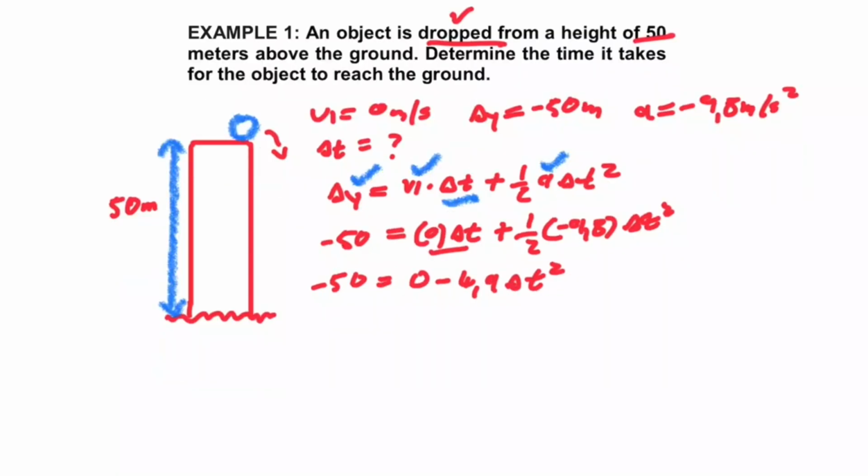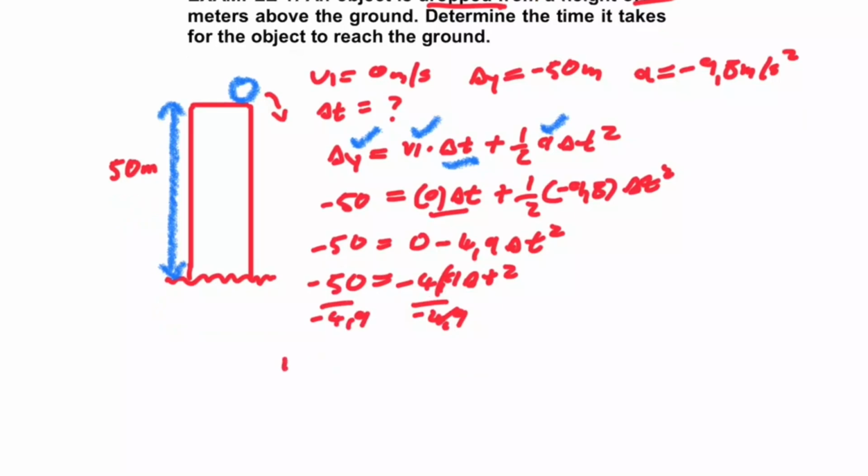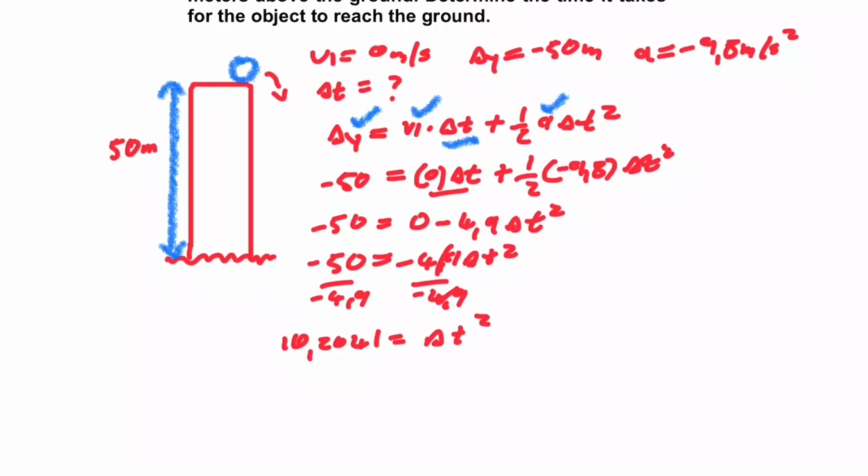This is just going to be minus 50 equal to minus 4.9 delta t squared. We need to divide both sides by minus 4.9. So let me just go ahead and do that. I get 10.2041 equal to delta t squared.